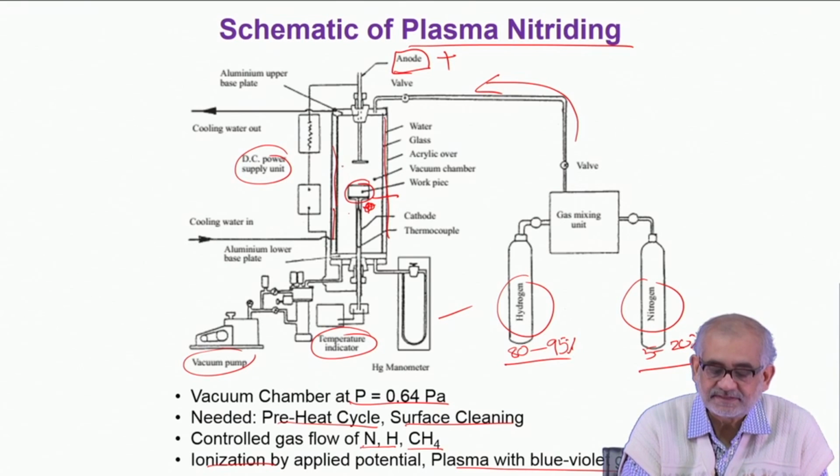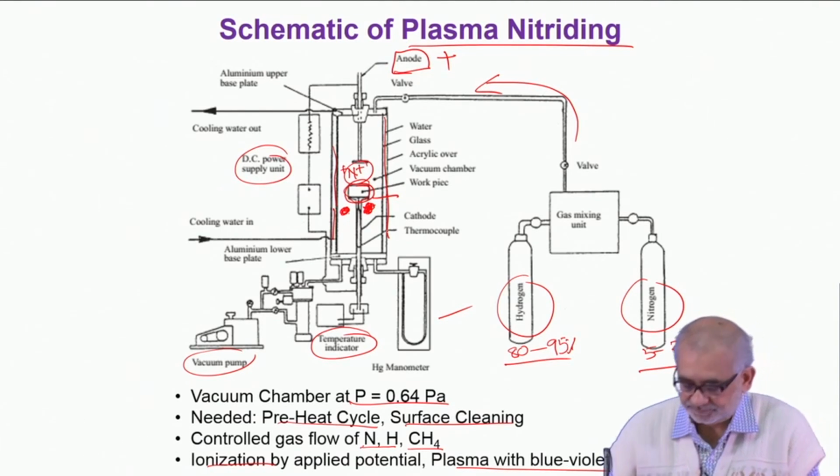So, the cations that we create here, namely nitrogen plus ions, will gradually come and sit on top of this workpiece, get absorbed, and then subsequently create a diffusion profile inside the material.